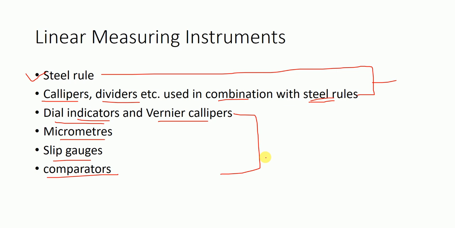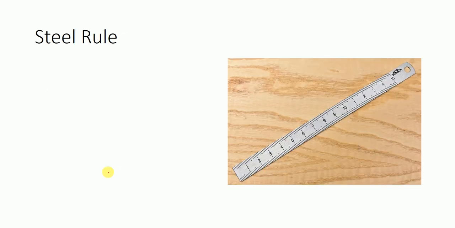That means they have the capability to measure dimensions less than 1 millimeter. That's why these types of instruments are called precision type of instruments. Now let us study all these linear measuring instruments one by one.